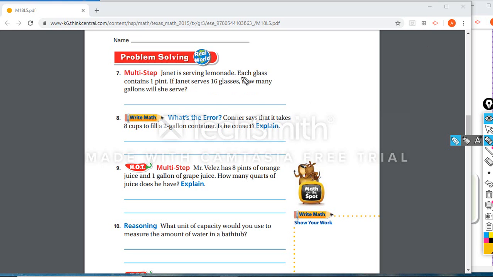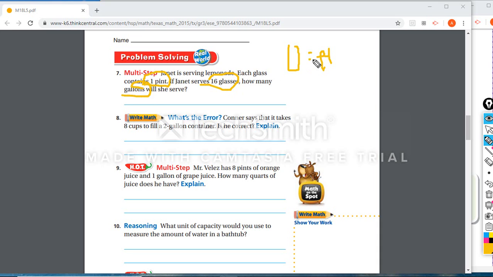So Janet is serving lemonade. Each glass contains 1 pint. So she has a glass and 1 pint. If Janet serves 16 glasses, how many gallons will she have?